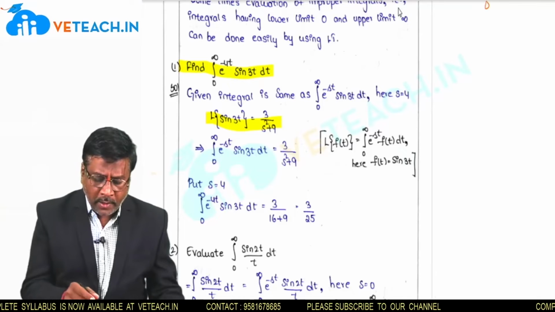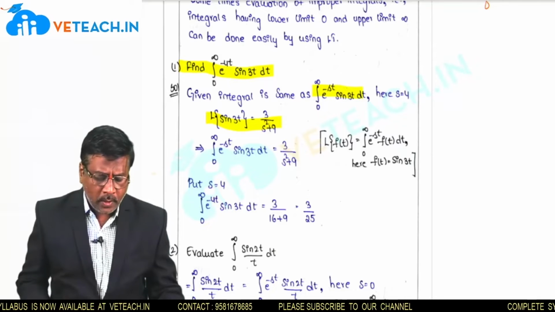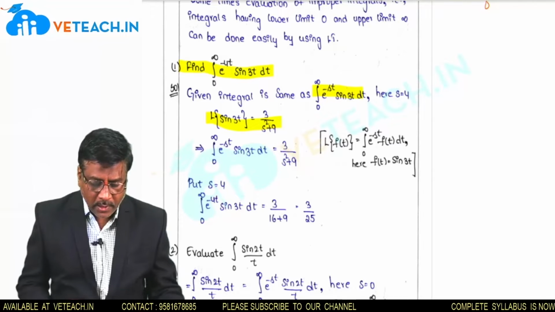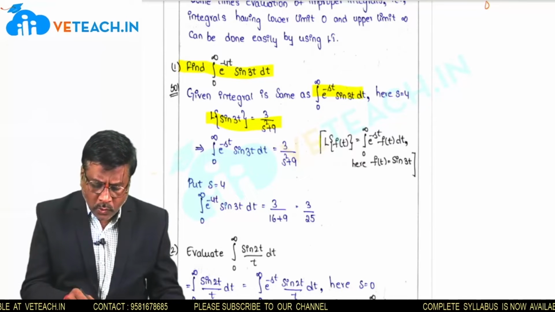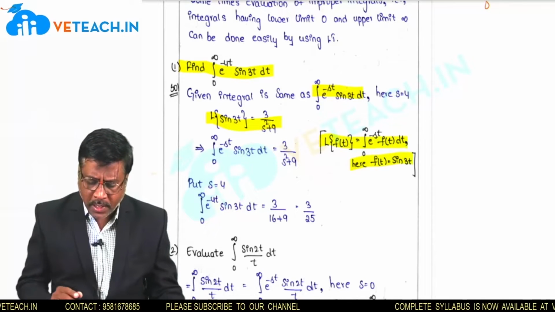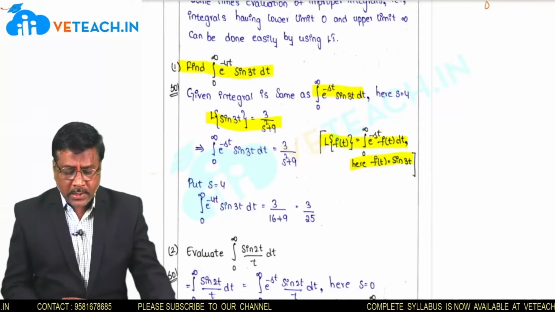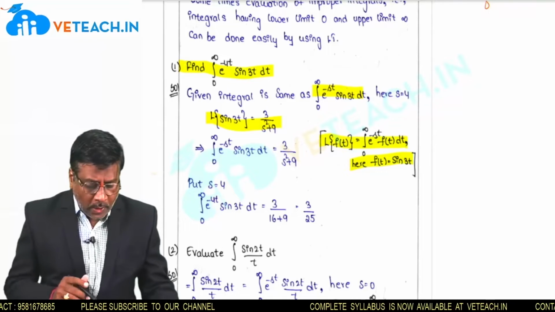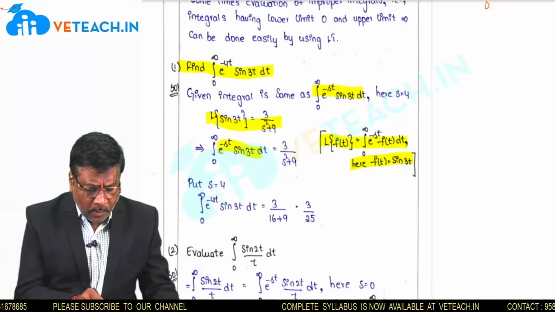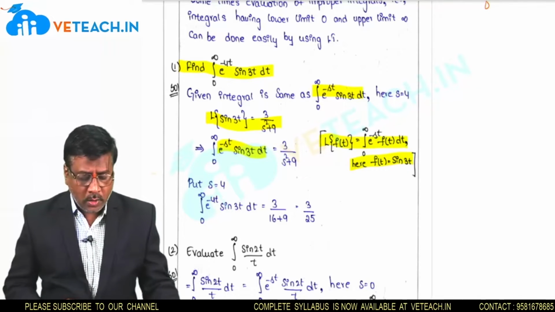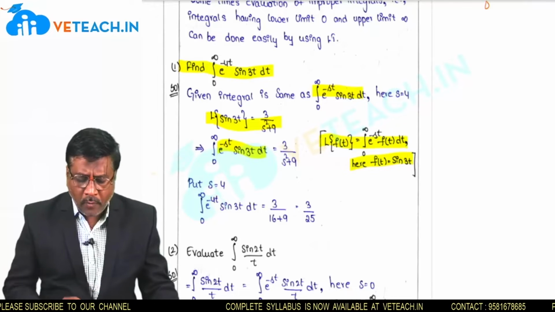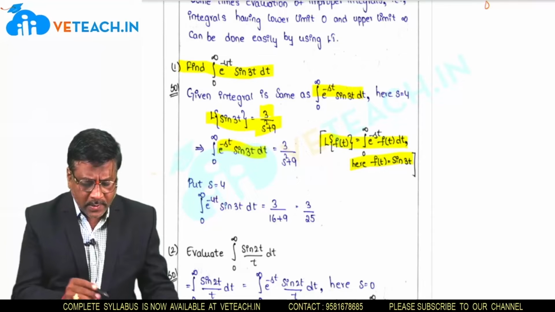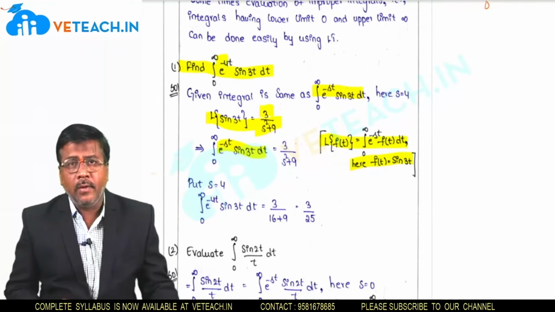Therefore, I want to find the integral from 0 to infinity of e power minus st into sine 3t into dt without making the integration. By the definition, L of f of t is equal to integral 0 to infinity e power minus st into f of t into dt. So e power minus st into sine 3t is f bar of s, that means L of f of t is equal to 3 by s square plus 9, with s replaced by 4.